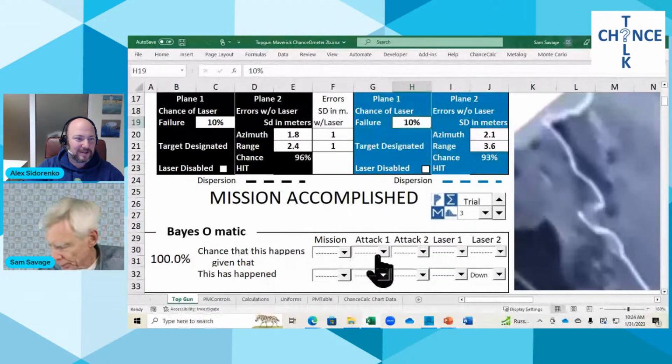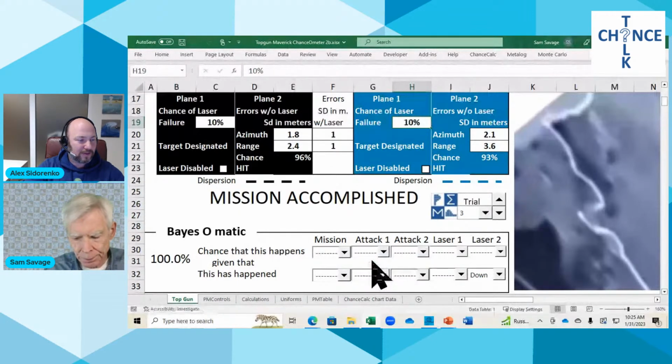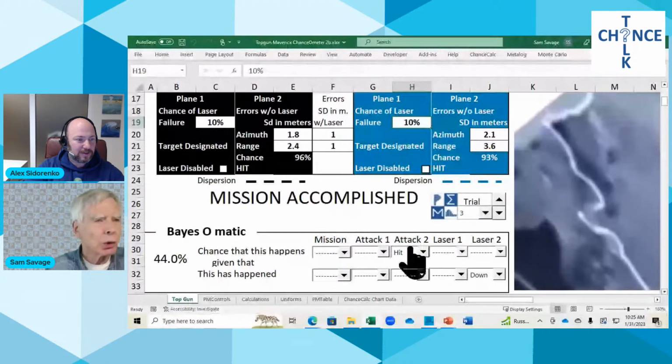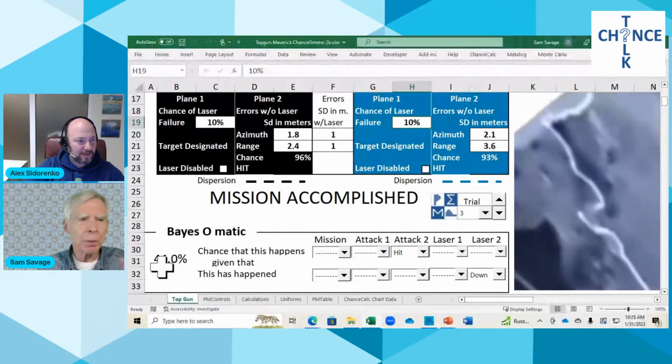But now, what is the chance that the second attack was successful given that the laser was down? And remember, this depends on the skill of the pilot, because some pilots are better than others. That's 44%.